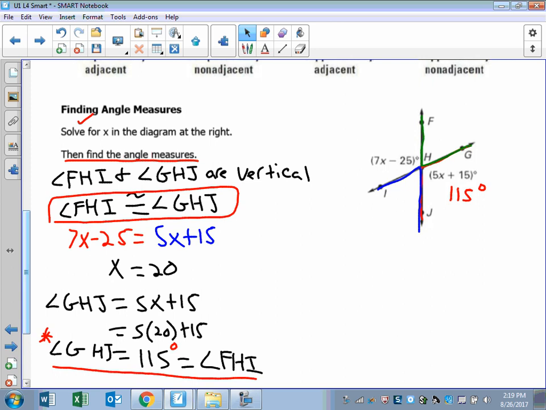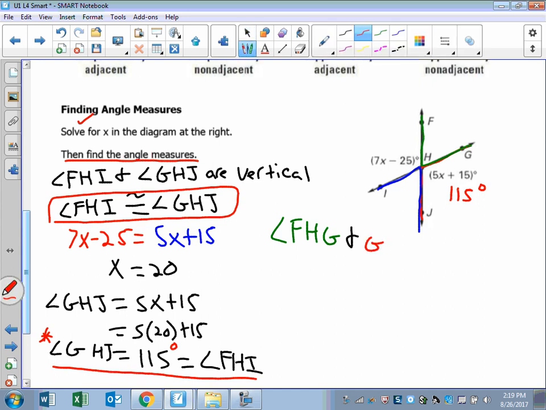So let's say FHG in green and GHJ are linear, so they equal 180. So FHG plus GHJ equals 180.